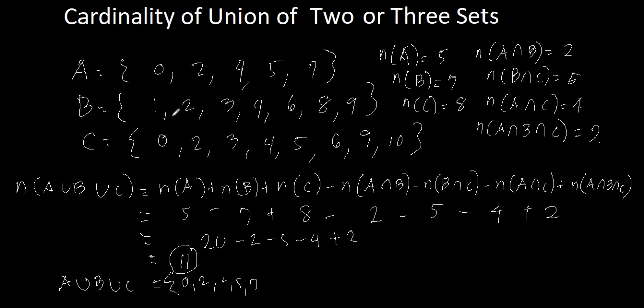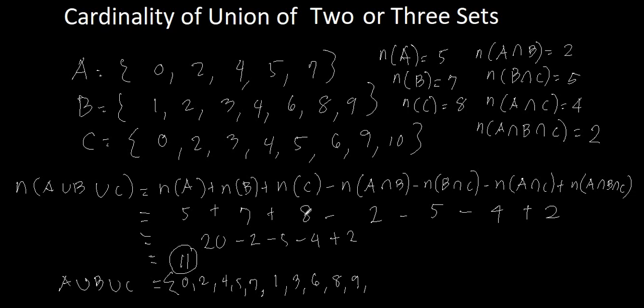And then next we will list the elements of set B which are not in A to avoid repetition of elements. So we have 1, and then we have 3, and then we have 6, and then we have 8, and then 9.